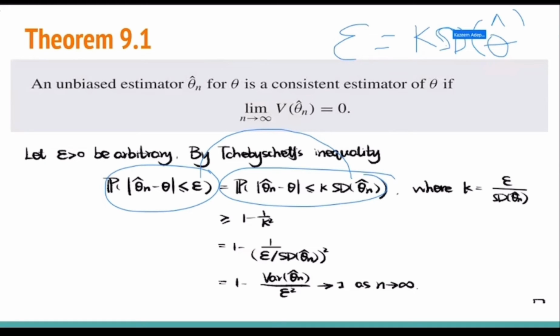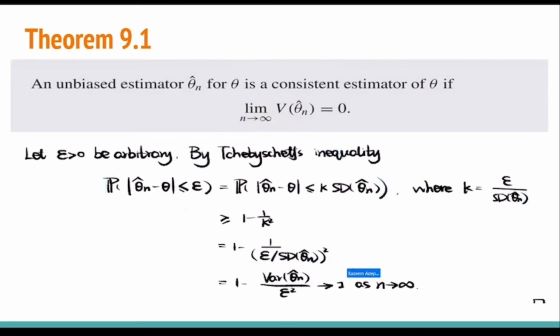When we're dealing with the Chebyshev inequality, the moment we figure out k, we can calculate the probability of the convergence. So we plug in k here, and the square of the standard deviation becomes the variance. After algebraic simplification, we have this expression.